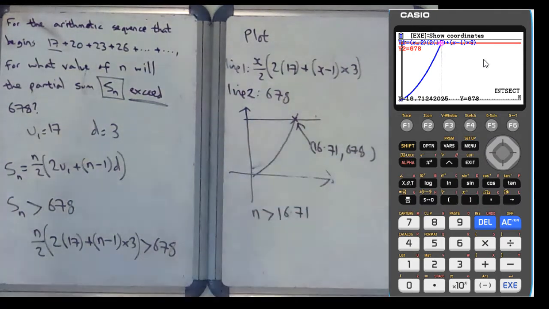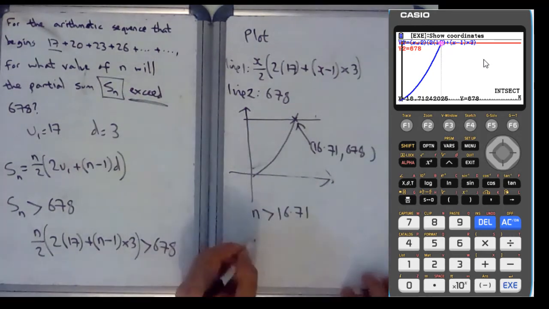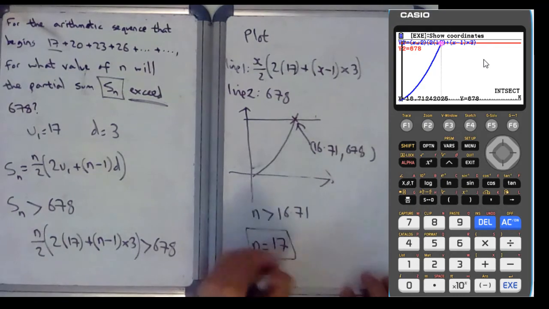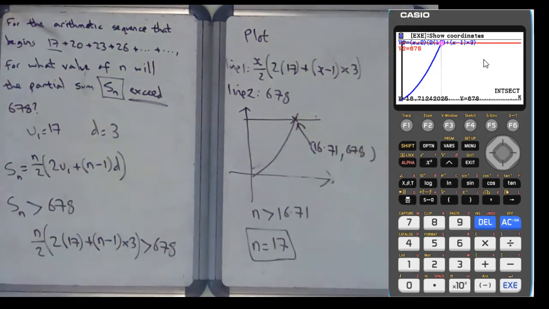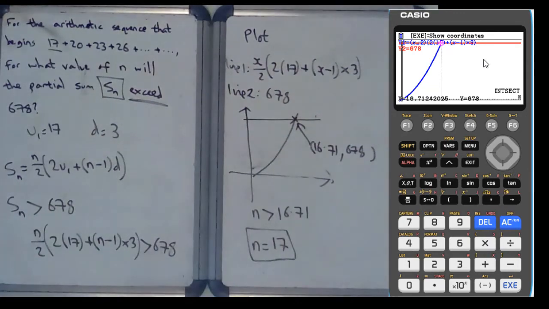And this is an arithmetic sequence, an arithmetic series, so n has a restricted natural domain of the positive integers. So n has to be a positive integer. The next positive integer bigger than 16.71 is 17. So n must be 17. So after 17 terms, the partial sum of this series will exceed 678.